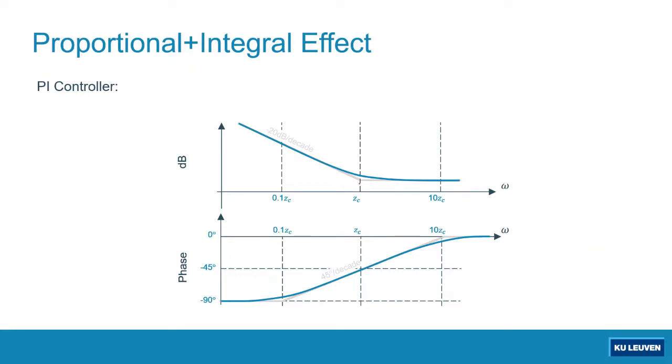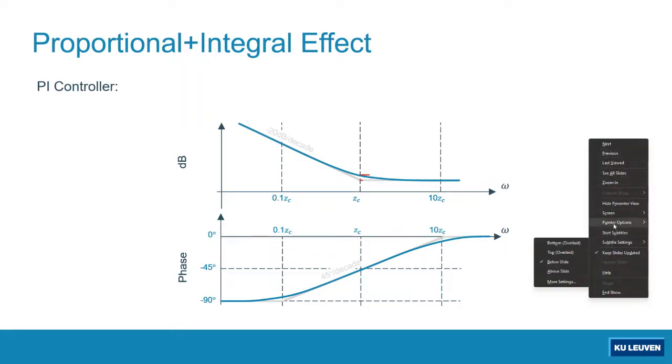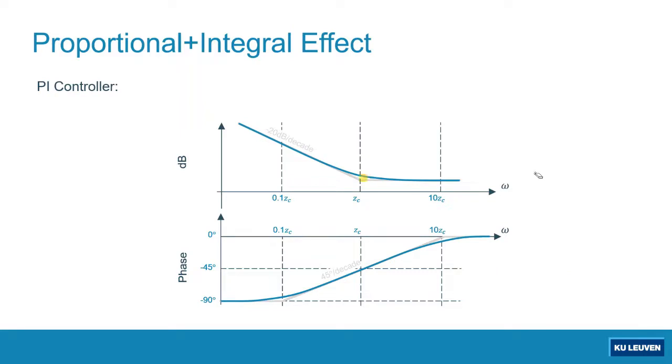The magnitude value at the corner frequency, or at Zc, will not be equal to this point, but it will have a slightly higher magnitude at this point. That is for the magnitude plot, as well as for the phase plot.